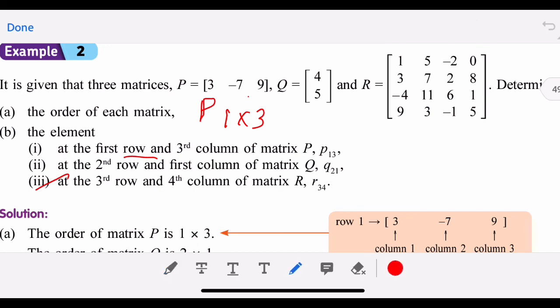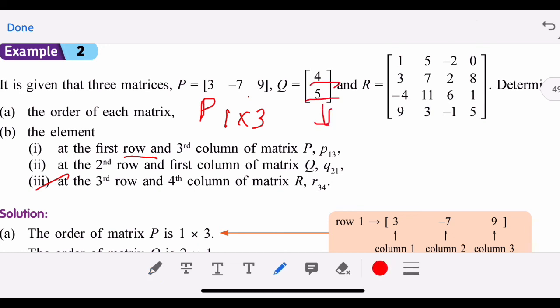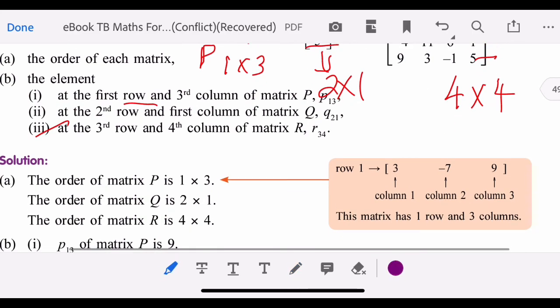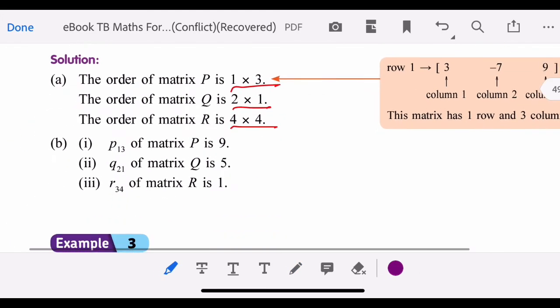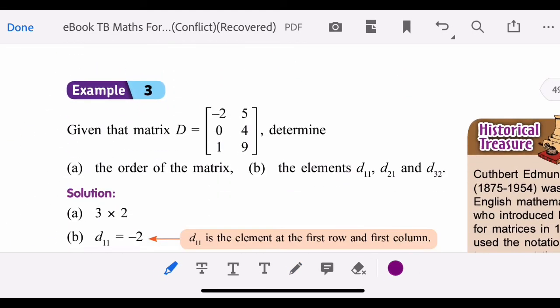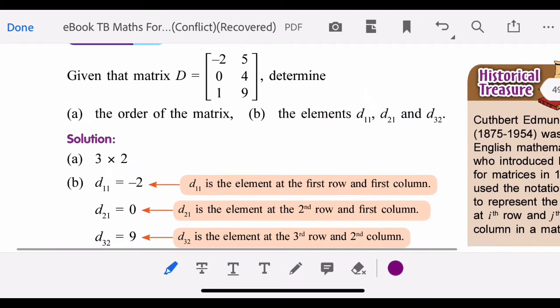Alright, so for this one we have 2 rows and 1 column, 2 by 1. For this one we have 4 rows and 4 columns, so it's 4 by 4. So that's the so-called order of the matrix. So you just count how many rows and how many columns. Always call the row first followed by column.